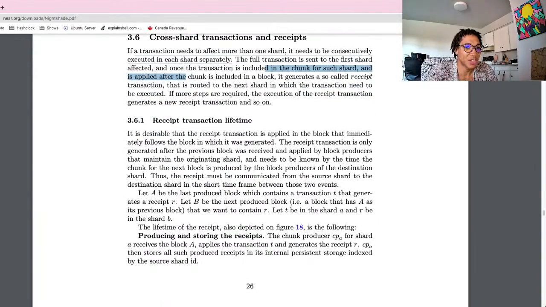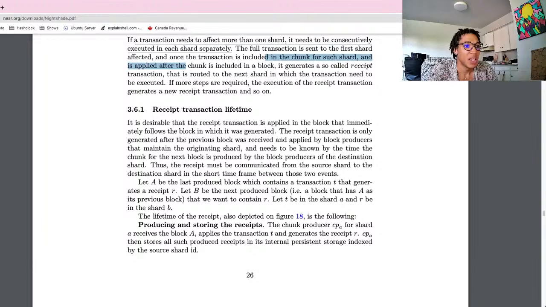3.6.1 Receipt Transaction Lifetime. It is desirable that the receipt transaction is applied in the block that immediately follows the block in which it was generated. You don't want to wait forever for the receipt transaction to appear. The receipt transaction is only generated after the previous block was received and applied by block producers that maintain the originating shard, and needs to be known by the time the chunk for the next block is produced by the block producers of the destination shard.